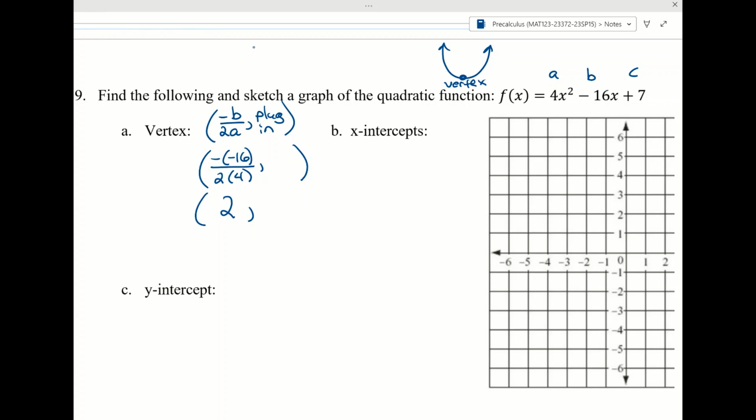The way you get the y value of a point is you plug it into the equation. So all you have to do is plug in 2 for all the x's. And let's see what that is. I'm getting -9.